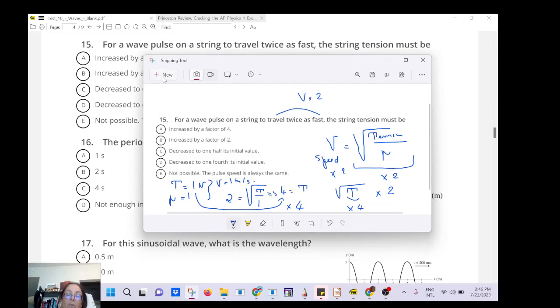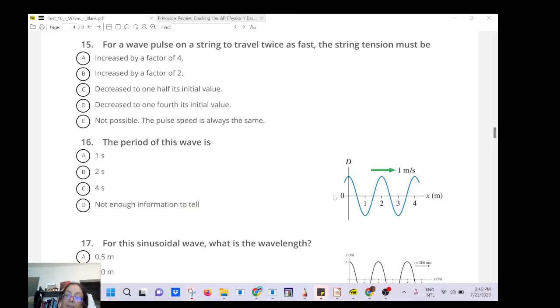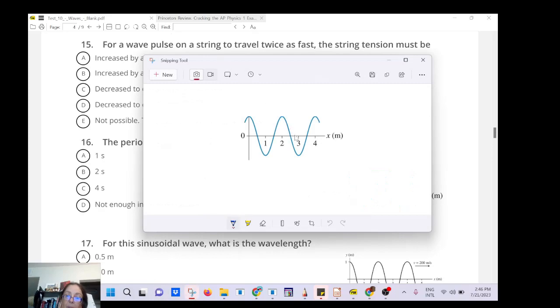Here it could be tricky. It's not necessarily 2 seconds. From crest to crest, that's going to be the wavelength, and it's going to be 2 meters. Then you know that the speed is the distance divided by the period. So the speed is 1 equals 2 divided by the period. So the period has to be 2 seconds and the frequency has to be 0.5 hertz.